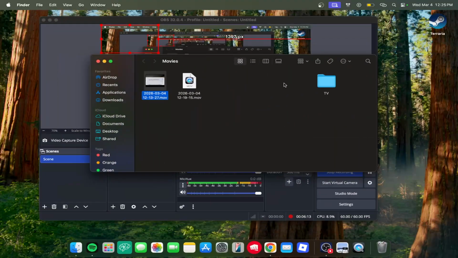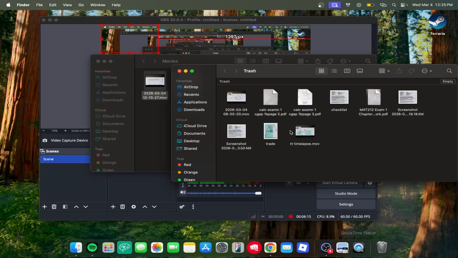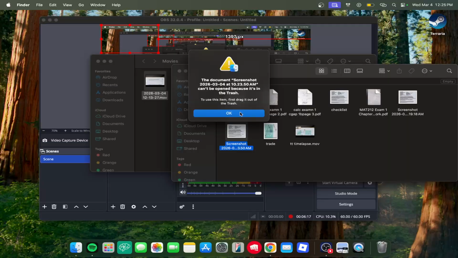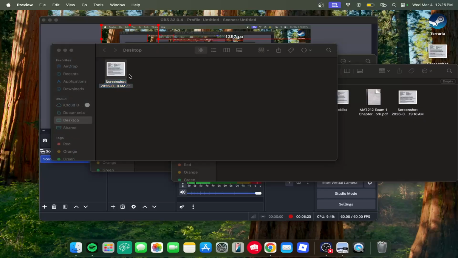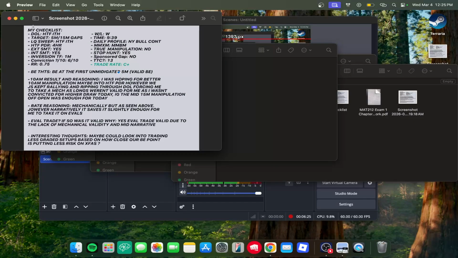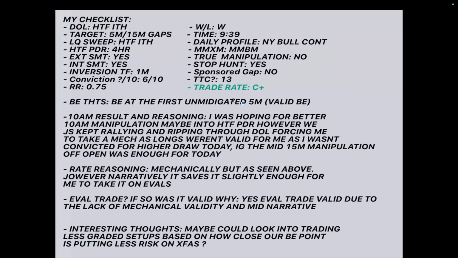In my opinion, this is like a C plus trade. This is my checklist. Sorry about this. Hold on. This is about a C plus trade. This is my checklist. It's just mechanically terrible. Terrible time to close. Not a sponsored gap. No true manipulation. We are in a super buy model.